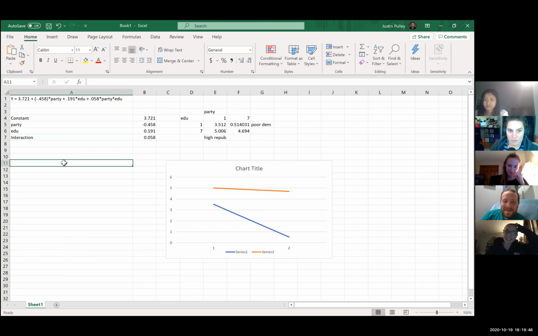As party line goes up from 1 to 7, the expected score on internet news is going down. So there's a negative slope of around 0.45 when education is 0. But when education is 7, that slope is pretty close to 0. So if you change that, the slope that now reads negative 0.458 would be something else. And the significance test would test the significance of that slope from 0.